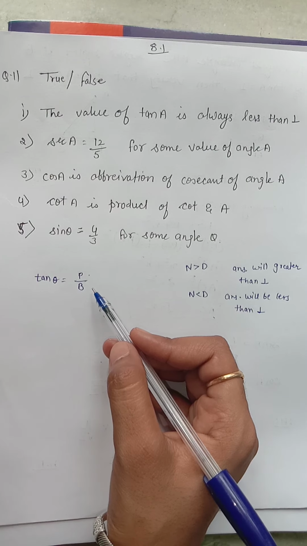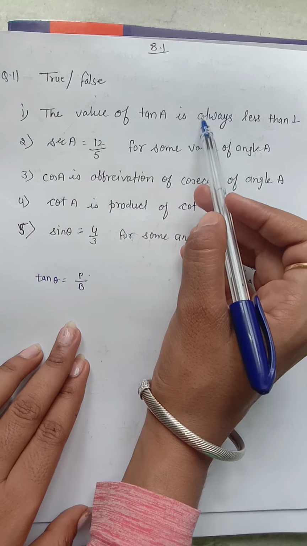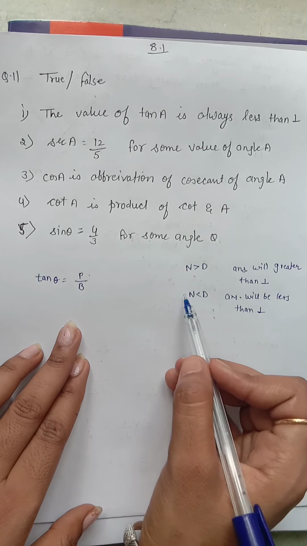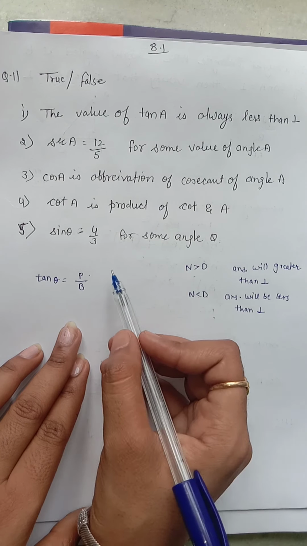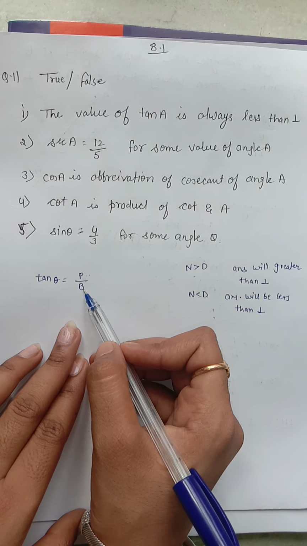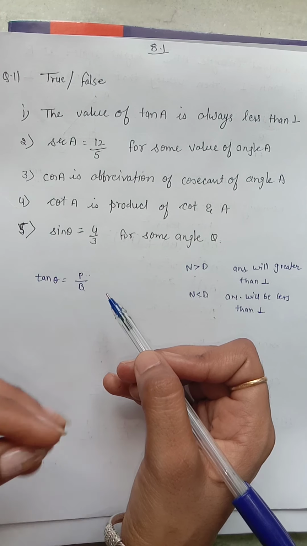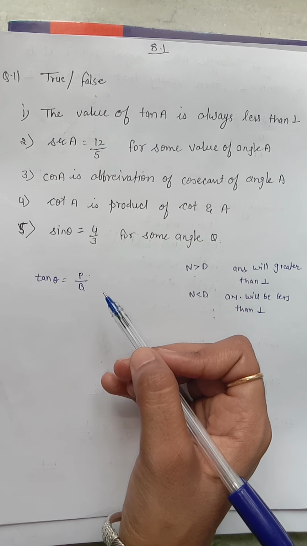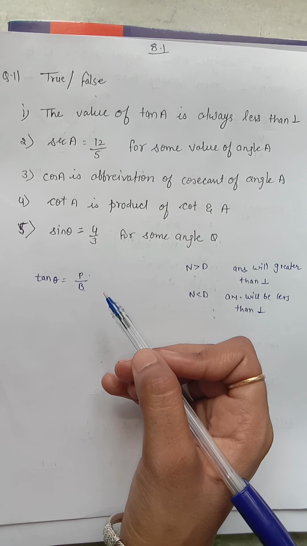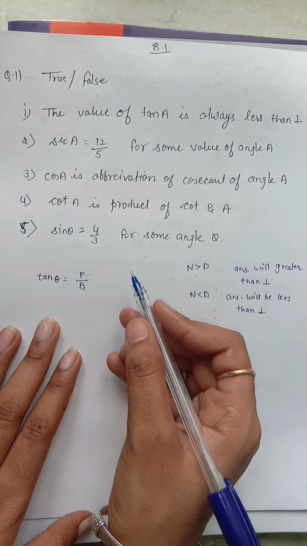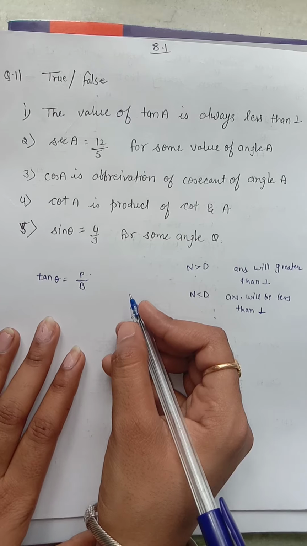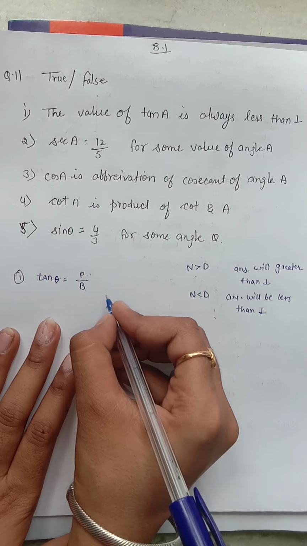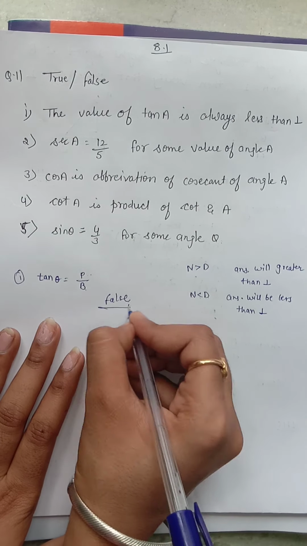If you want the answer less than 1, numerator must be less than denominator. It means perpendicular must be less than base, but it's not compulsory that base will always be greater than perpendicular. No, so false. First one will be false.